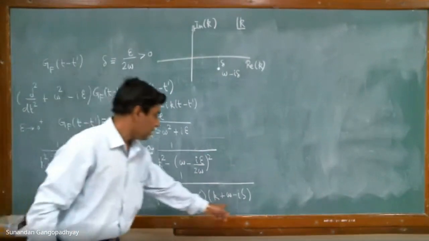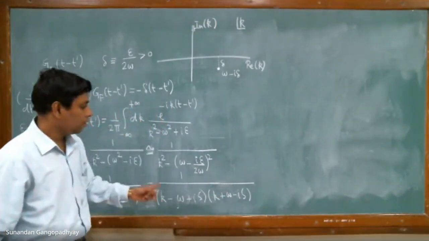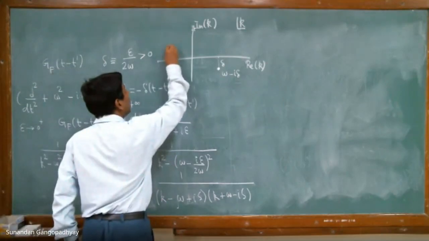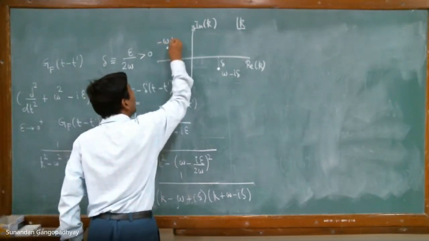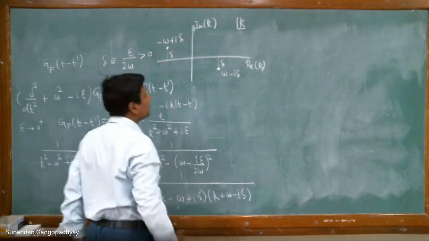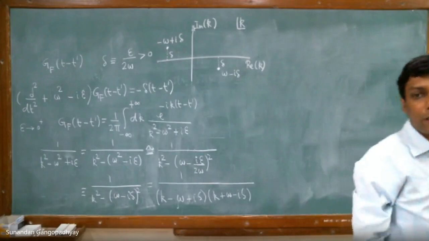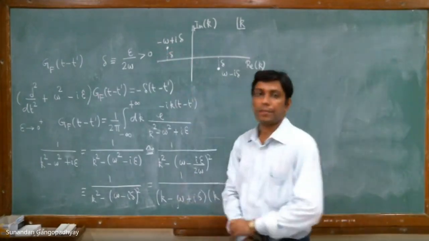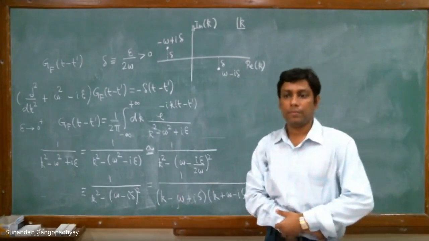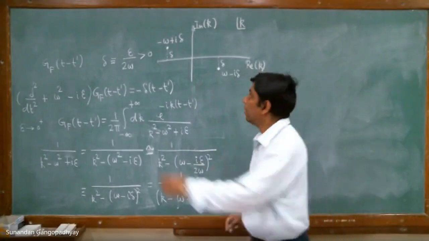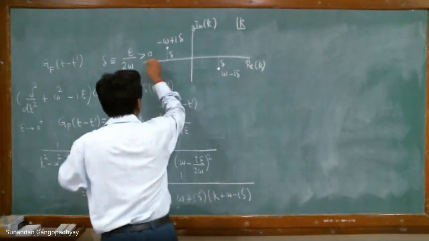And this factor is 0 when k is equal to minus omega plus I delta. This is this point, minus omega plus I delta, and this is delta. Okay? So there are two simple poles in the complex k plane. So there is no problem. You can just integrate.